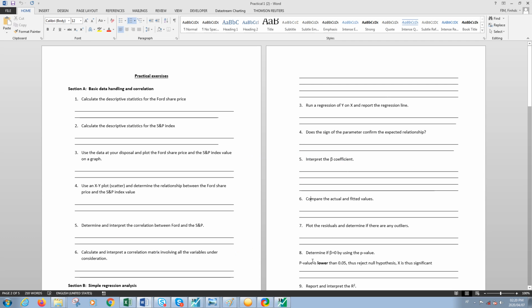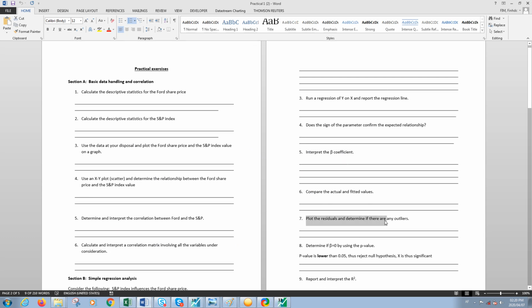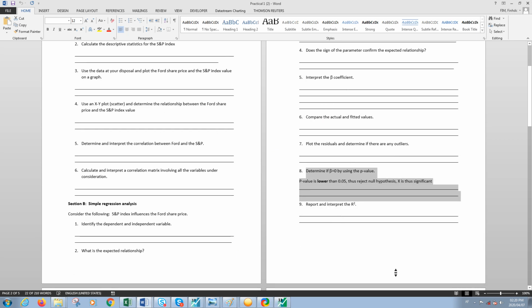Okay, you've plotted the residuals already. Now determine whether beta is equal to 0 or not. If you're not sure about hypothesis testing, go back to the slides.